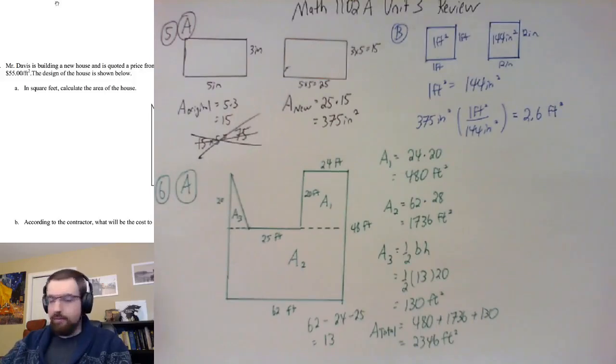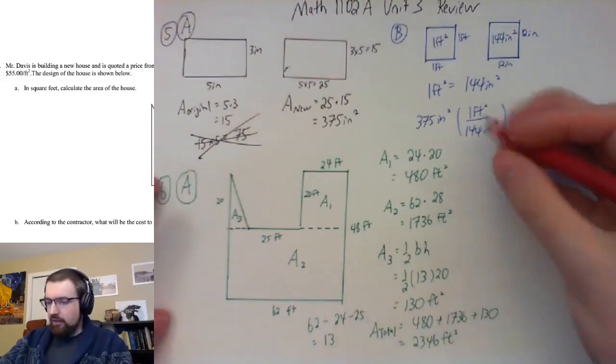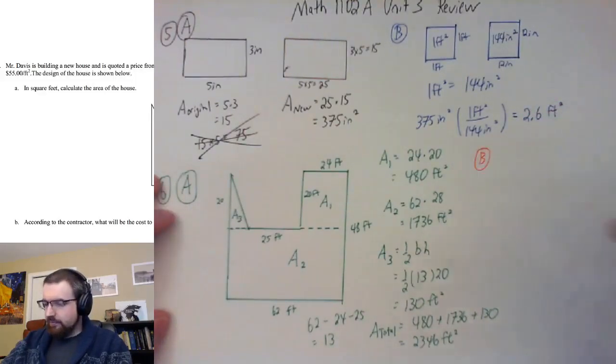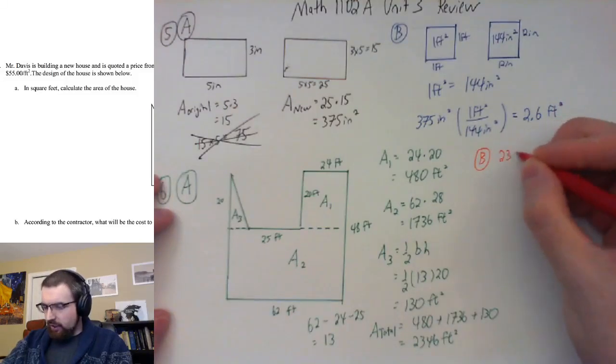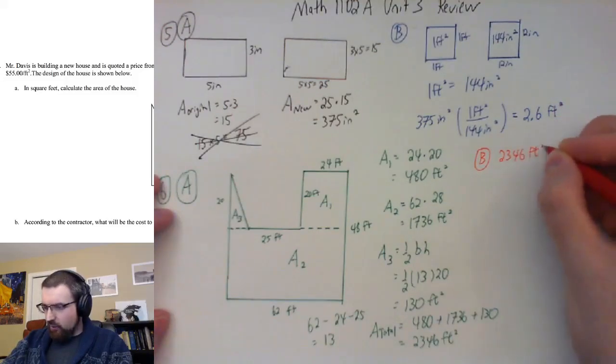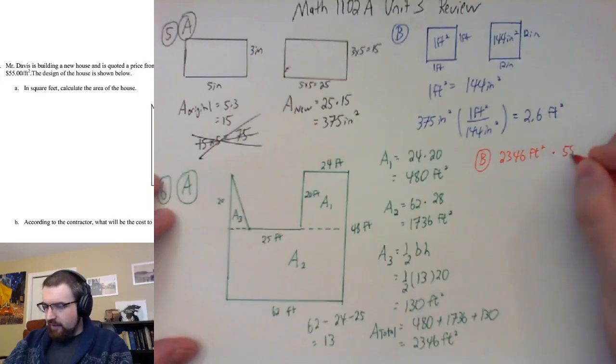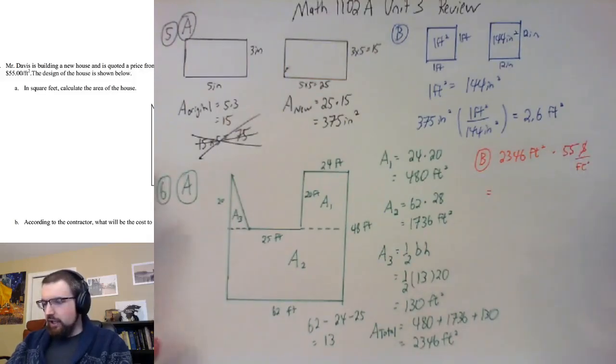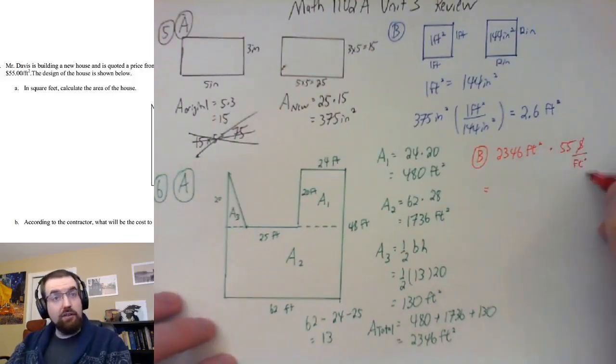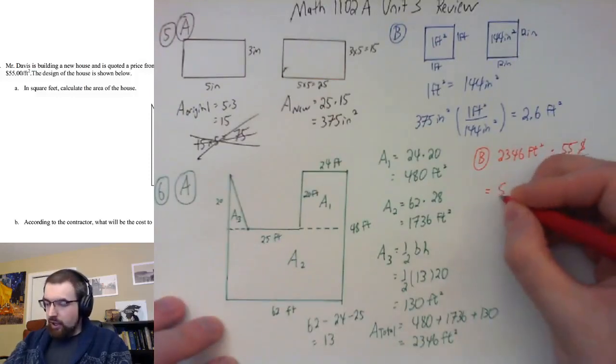Well, we're going to multiply, right? So then 6B, right? It's going to be 2346 feet squared multiplied by $55 per square foot, right? And that then is going to equal, we're going to have the feet on the top cancel with the feet on bottom. The only unit we're going to have left is dollars.